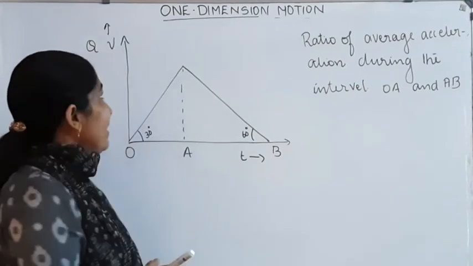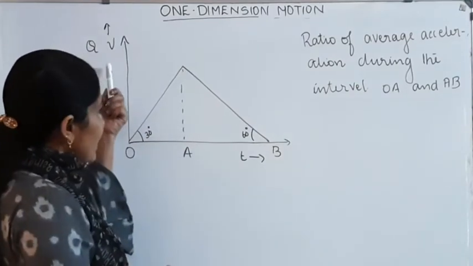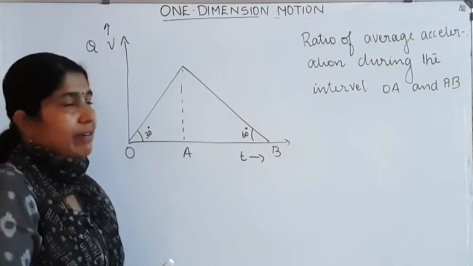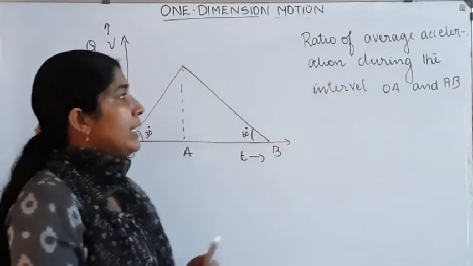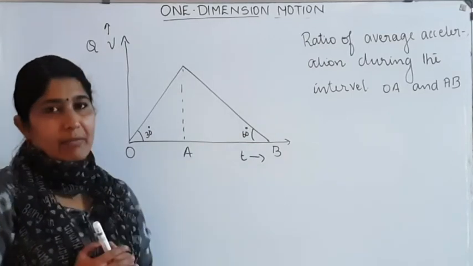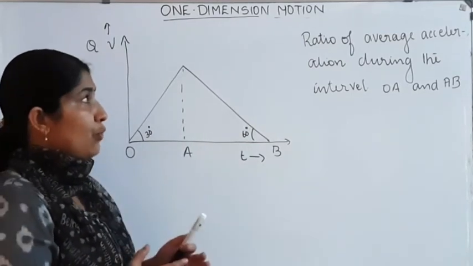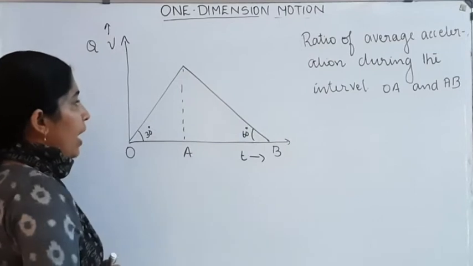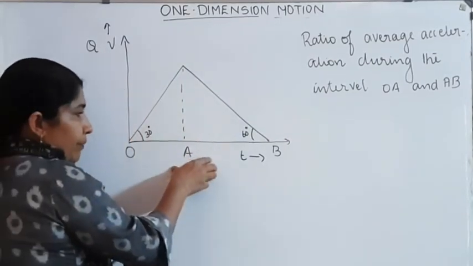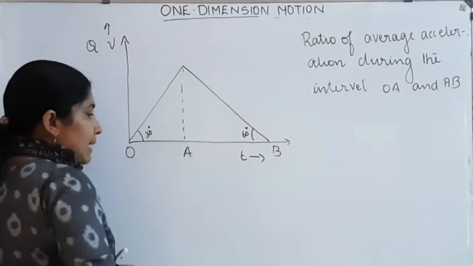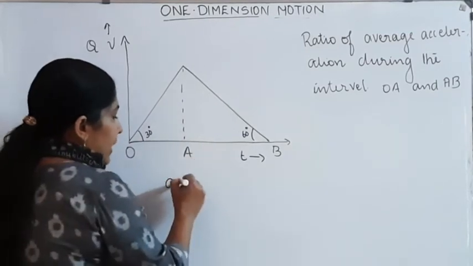Our next question, velocity time graph of the body is given. Ratio of average acceleration during the interval OA and AB is. Okay, ratio of average acceleration. We know that from the velocity time graph, acceleration is equal to tan theta.